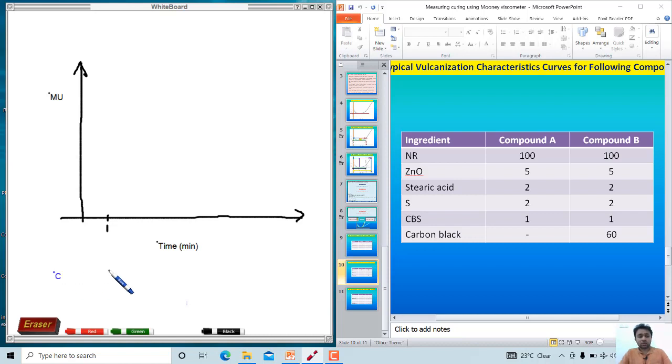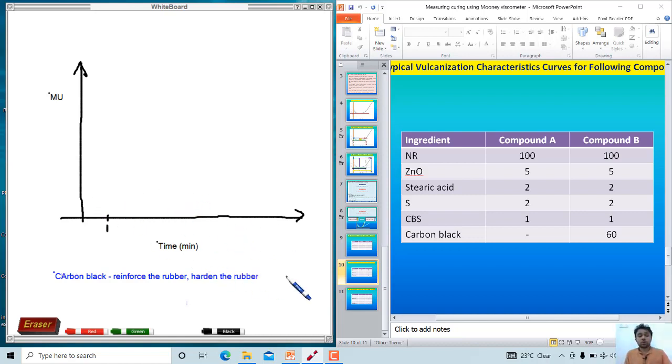Here 60. So what carbon black can do? Well, what is the use of carbon black? It reinforces, no? Reinforce the rubber. Reinforce the rubber means harden, no? It hardens the rubber, right?